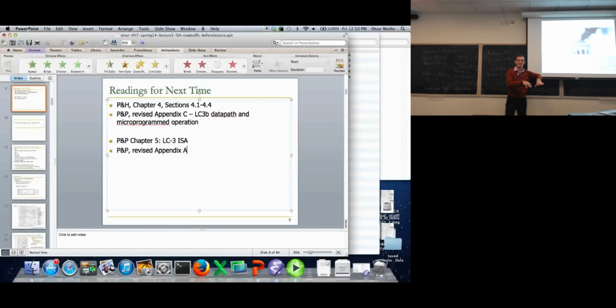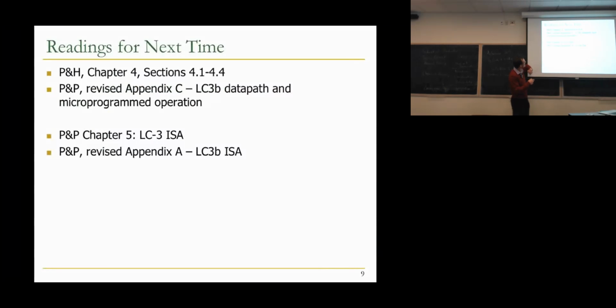LC3B ISA. So we're going to cover a bunch of different ISAs, and the more you look at these documents, the better it'll be. I like LC3B because it's simple. MIPS is also relatively simple, but I'll cover a lot of very complex ISAs too. It'll be fun. Okay, let's talk about some ISA principles and trade-offs.